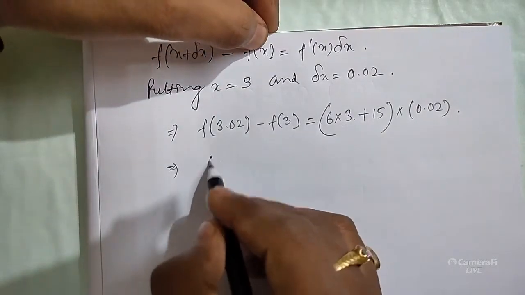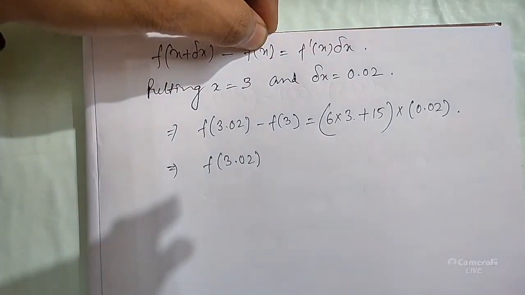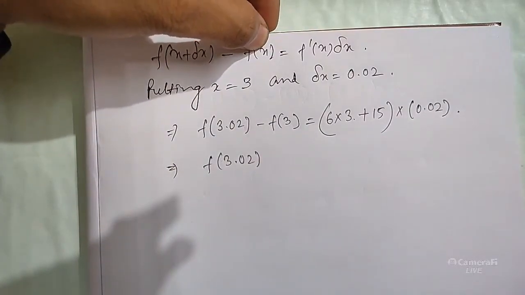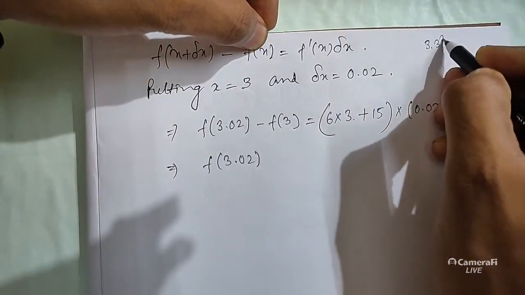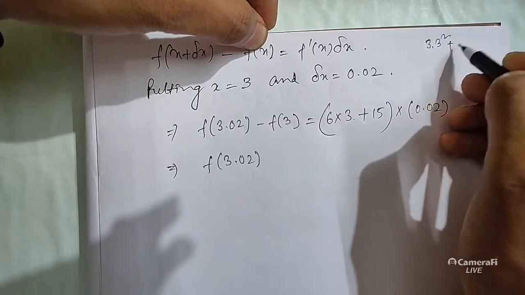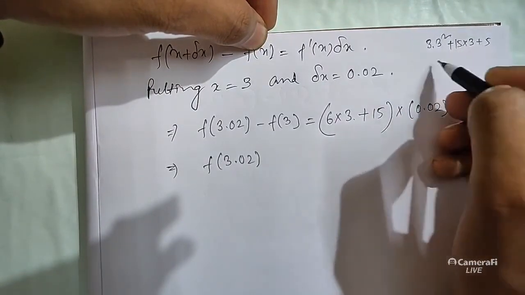That means for f(3.02), we have to find the value of f(3). So in the given expression, if we put 3 in place of x, what do we have? 3 into 3 square plus 15 into 3 plus 5.